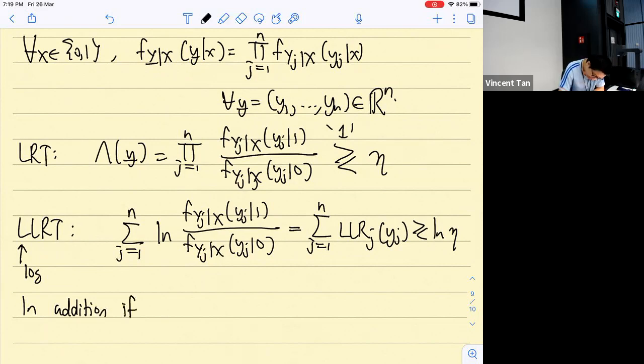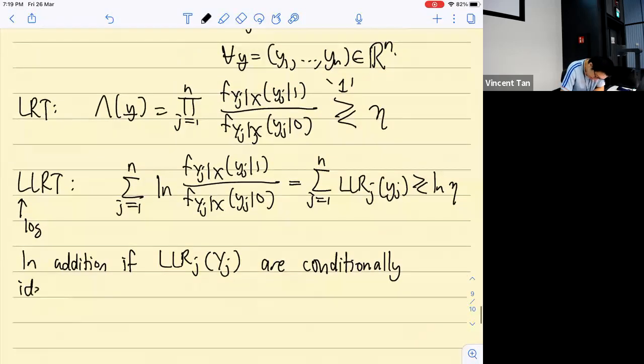In addition, if the log likelihood ratios of the yj's are conditionally independent, which they certainly are, but say they are additionally conditionally identically distributed, that means all of them have the same distribution given x.